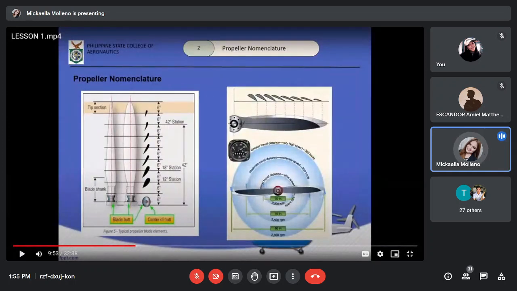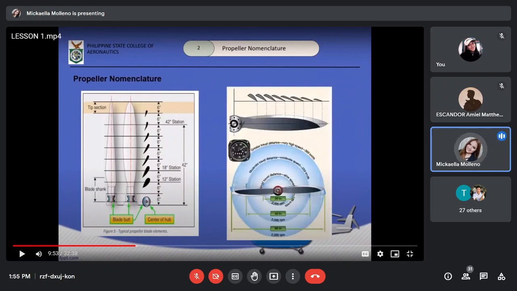Since later on, madidiscuss din nga natin yung pitching. May iba-ibang subjected yan sa iba-ibang angles. Hindi siya same ng angle throughout the propeller. So, anong tendency nun? If we look into the cross-sections of the stations individually, iba-iba siya. As you can see din dun sa presentation, right?